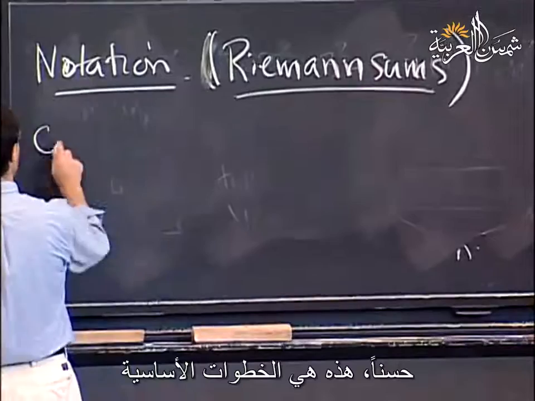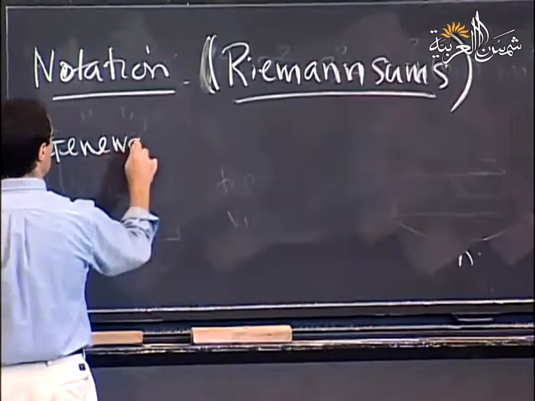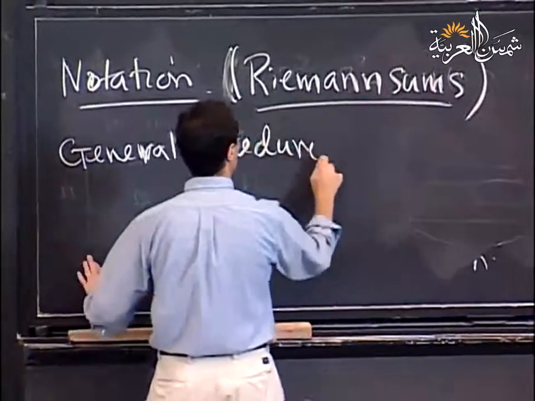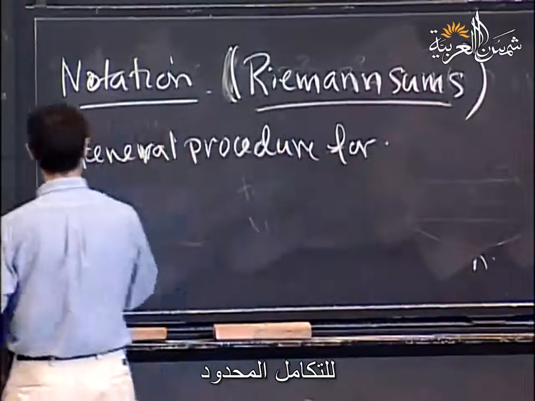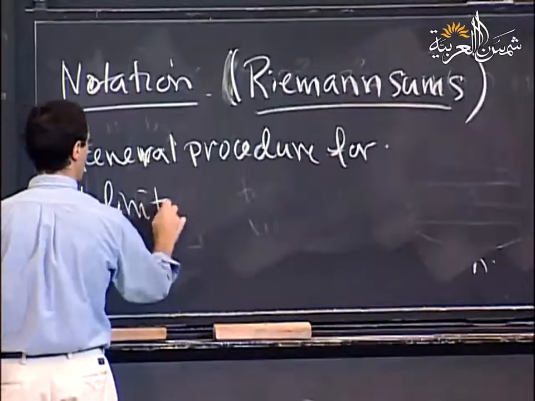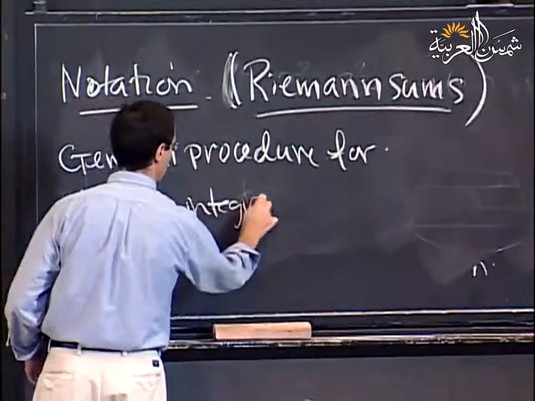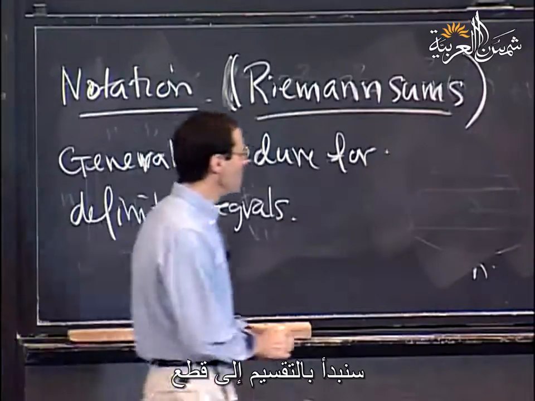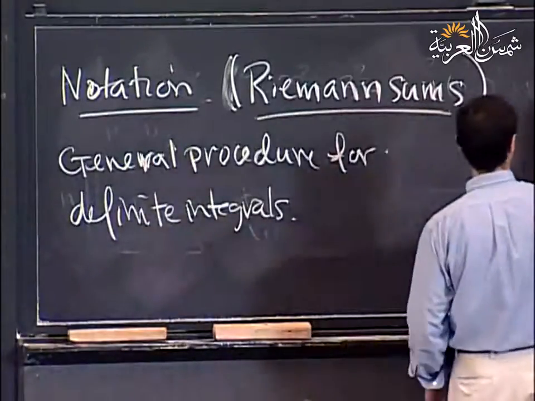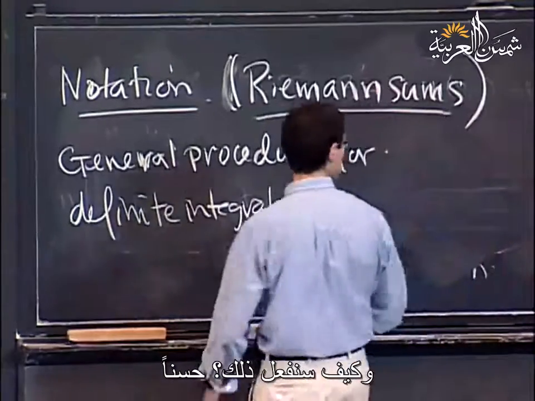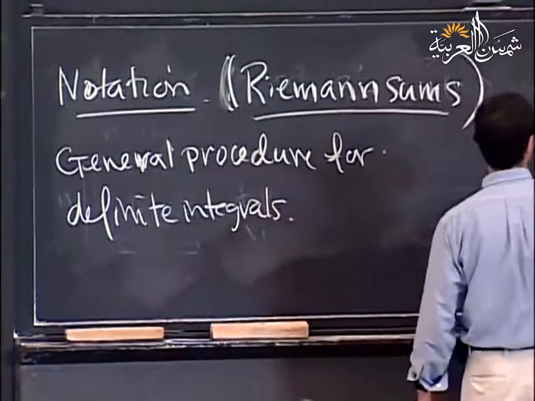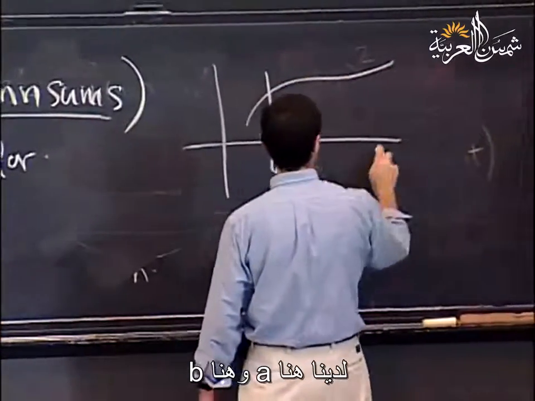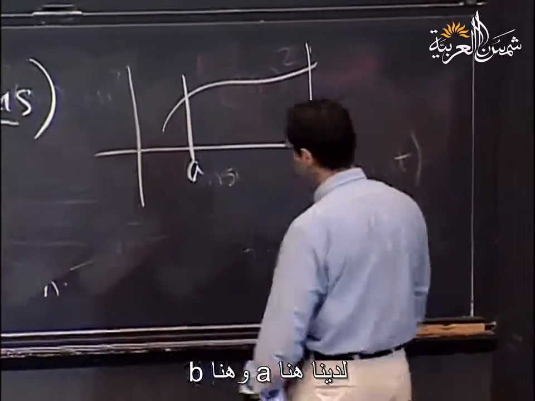So this is the general procedure for definite integrals. We divide it up into pieces. And how do we do that? Well, here's our a and here's our b.